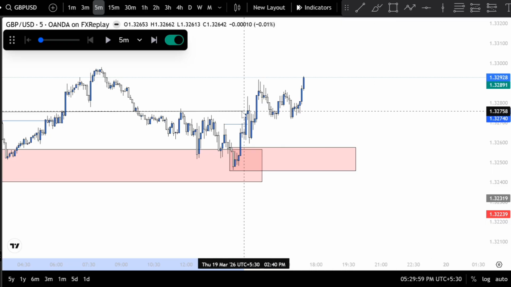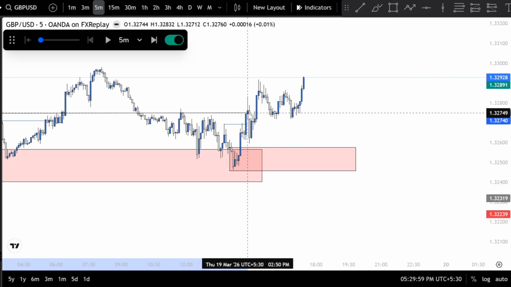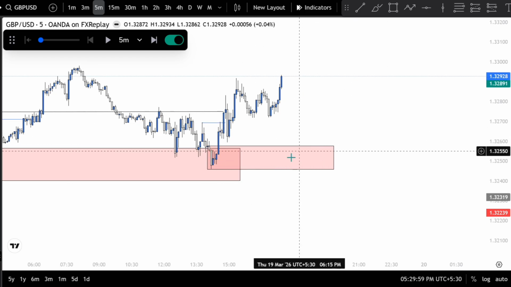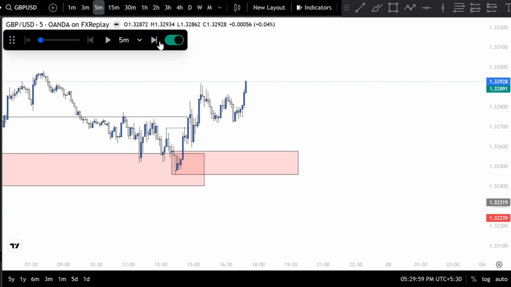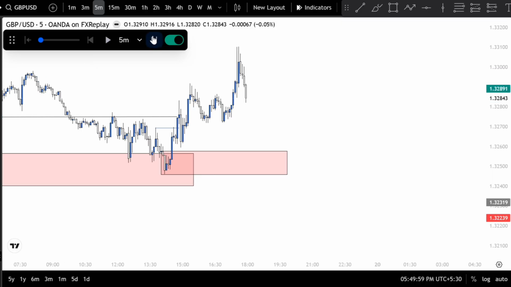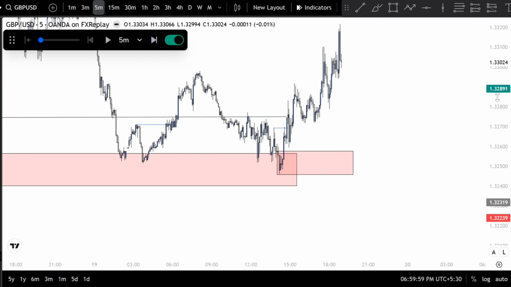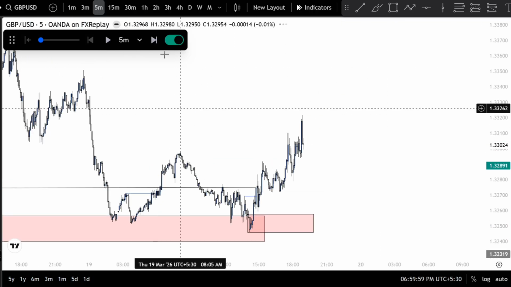So following the same checklist: market structure shift, body close above the high or low, displacement, POI into the discount zone, and then boom. Now let's wait. Okay, price is expanding very fast.